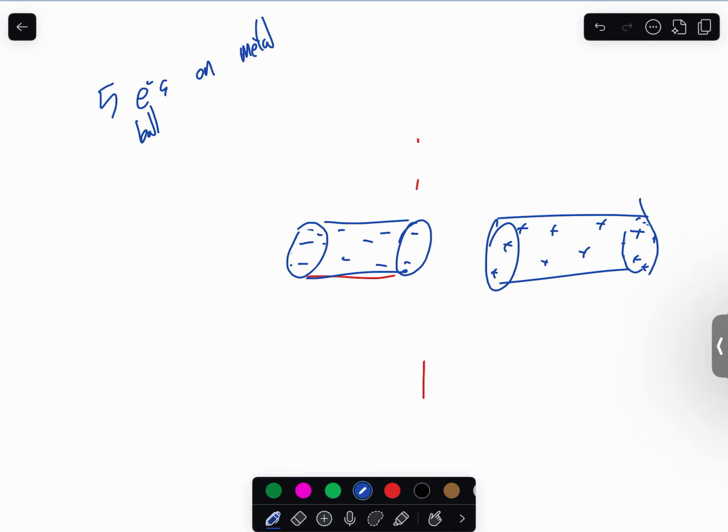The steps for charging by induction are polarize, slice, separate, right? This is what we did. We polarized it, we sliced it apart and pulled them apart, and then take away the external charge, and you're left with two equal and opposite charged objects.